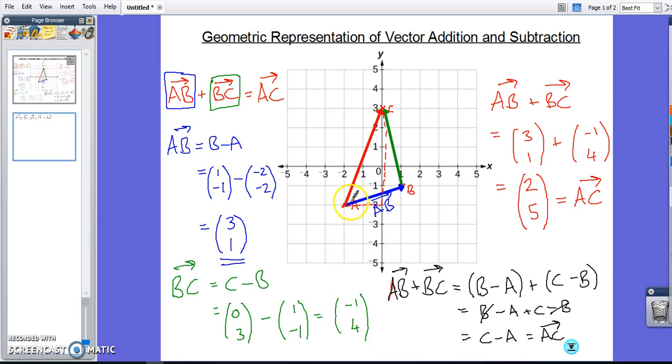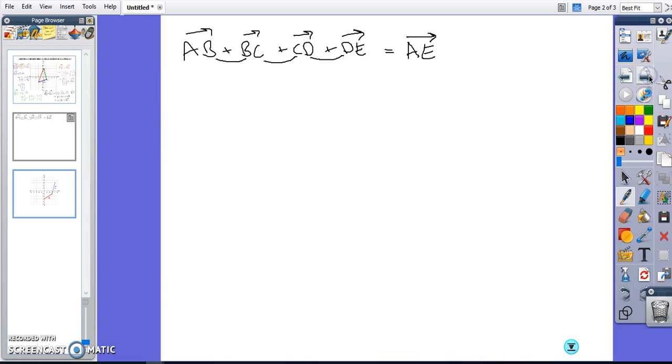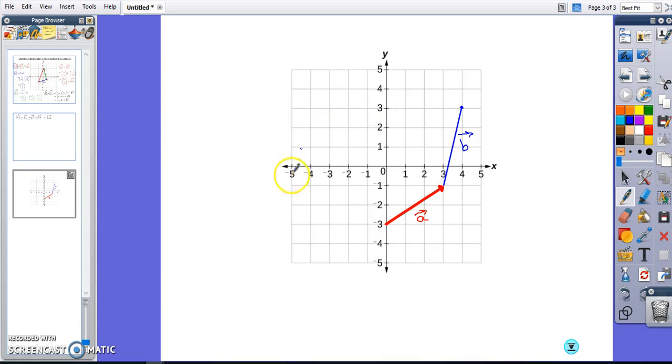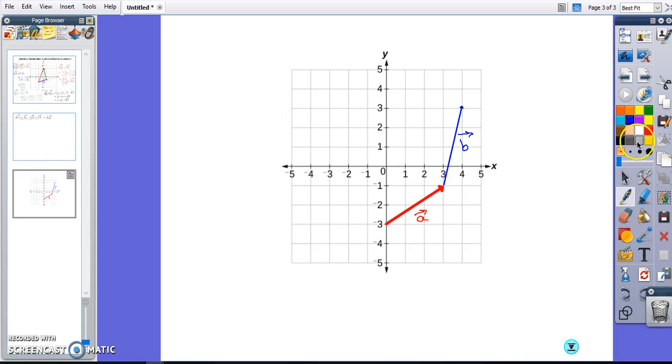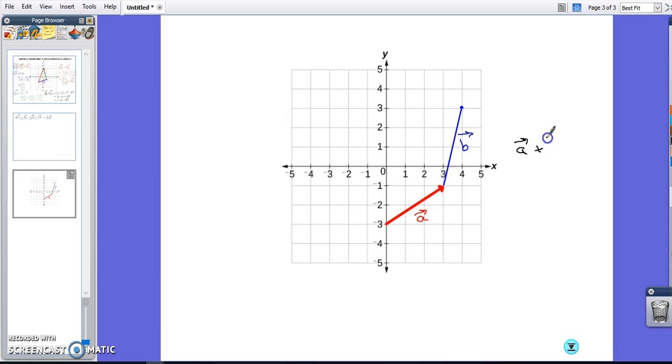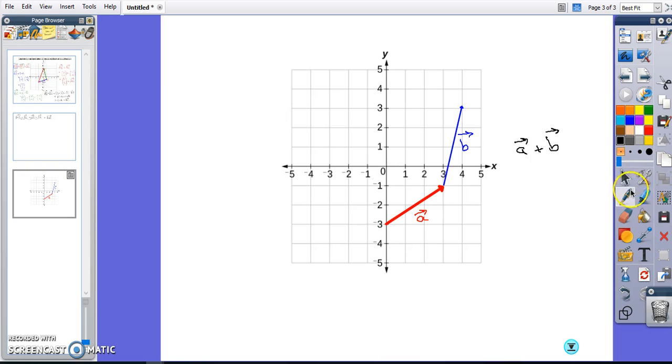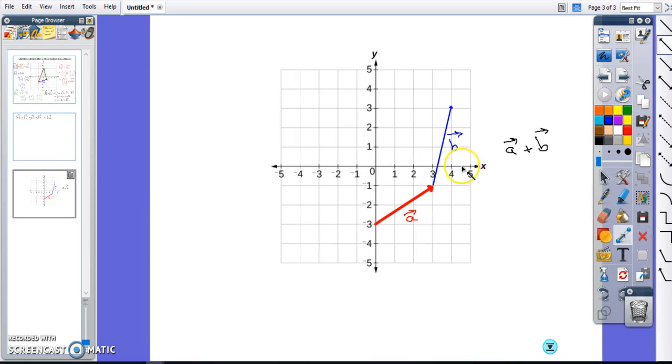And this fact, that it doesn't matter which way round you go as long as your end point is okay, can lead us to another result. So if we have a look here at this set of axes, we have two vectors, A and B. Now I can represent, geometrically speaking, the calculation vector A plus vector B with a third arrow, just as we did in the last example.